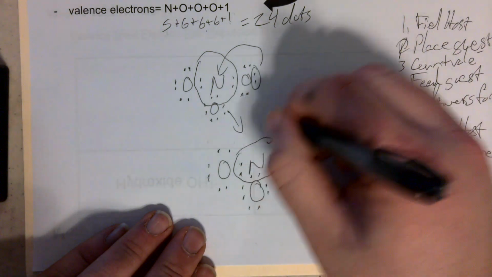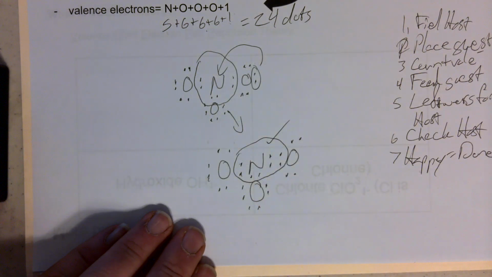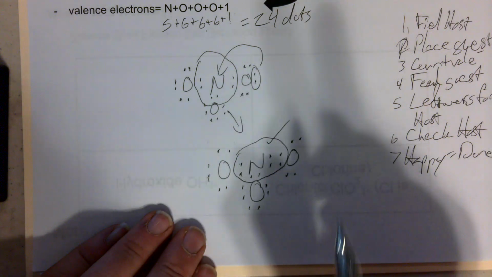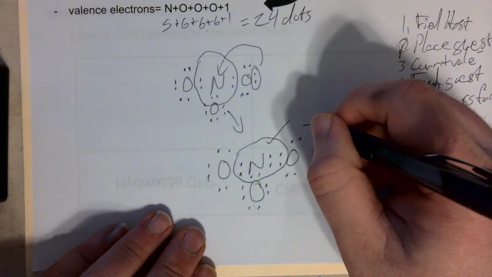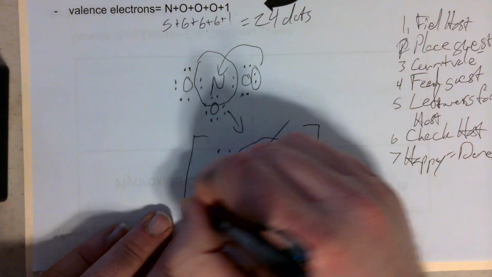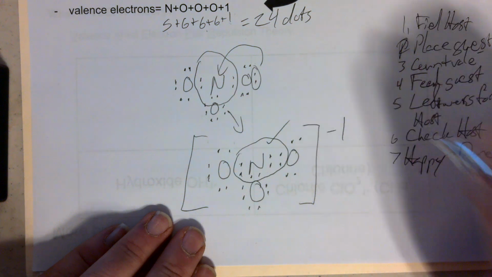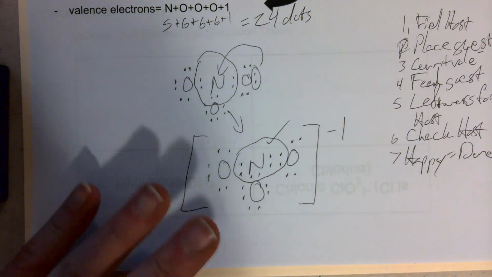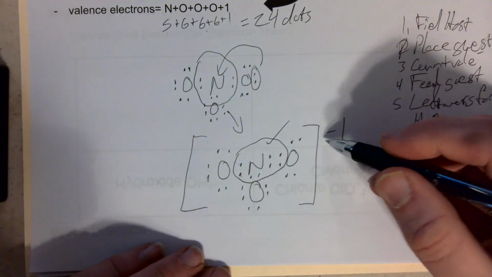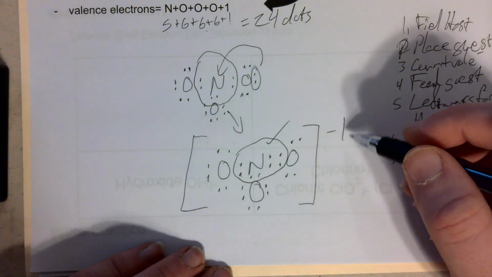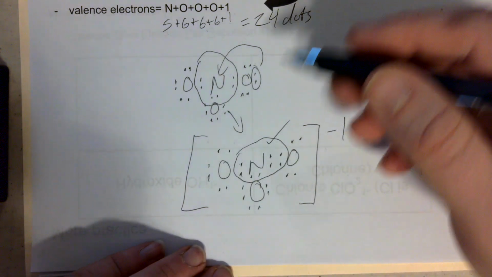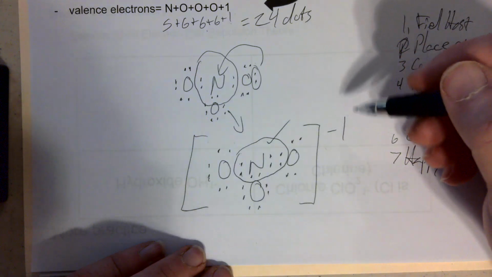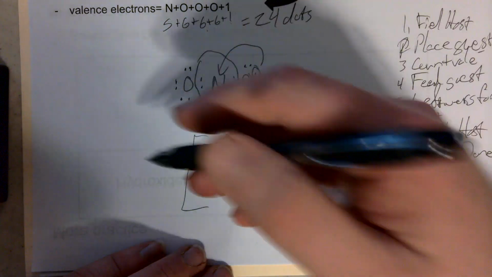My host is now happy. Everything's good. There's only one more thing I have to do, which is to bracket this unit and put a -1. That's all we have to do. Nothing has changed in what we've done so far, other than the fact that I've added this bracket and the -1 to indicate that it has a -1 charge to the overall molecule.